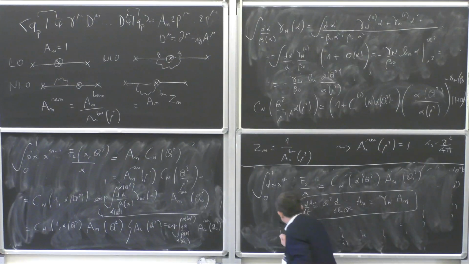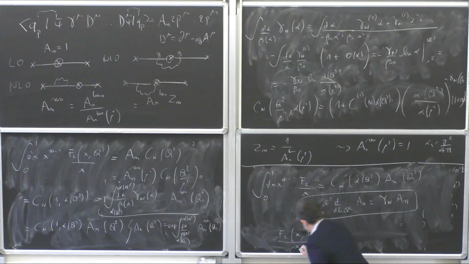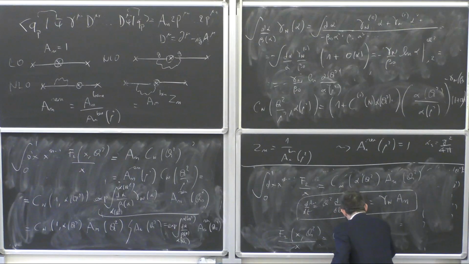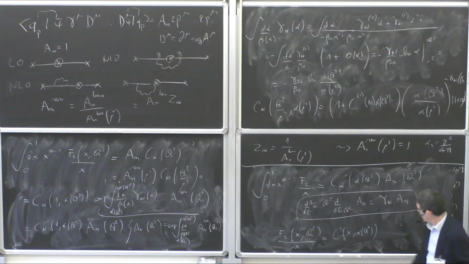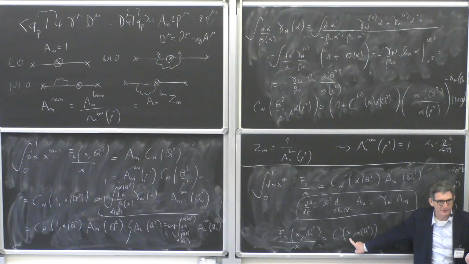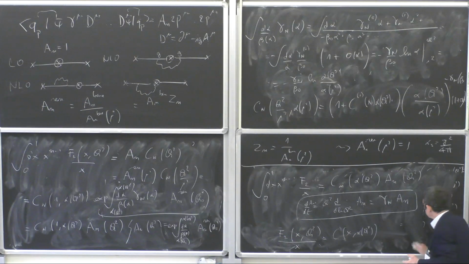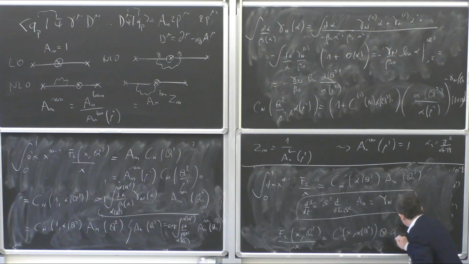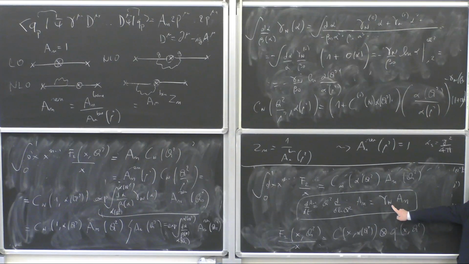So what do I get? I get that F2 of x and Q squared divided by x, measurable Q squared, is a coefficient function C of x and alpha_s of Q squared, where this guy is something that starts with a delta at order alpha_s to the 0, and then has some non-trivial function of x at order alpha_s, and then a series, times, so convolution, times a PDF that depends on x and Q squared. And the Q squared dependence of the PDF is the inverse Mellin transform of this equation here.